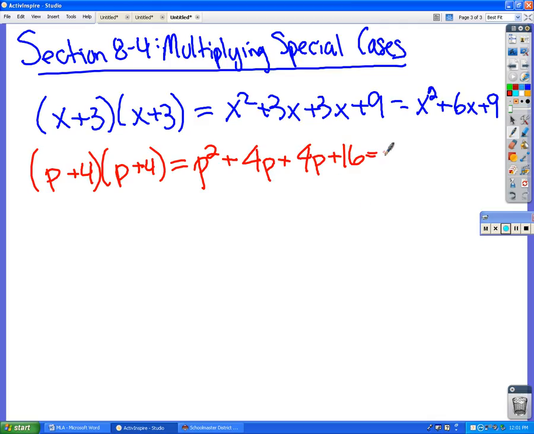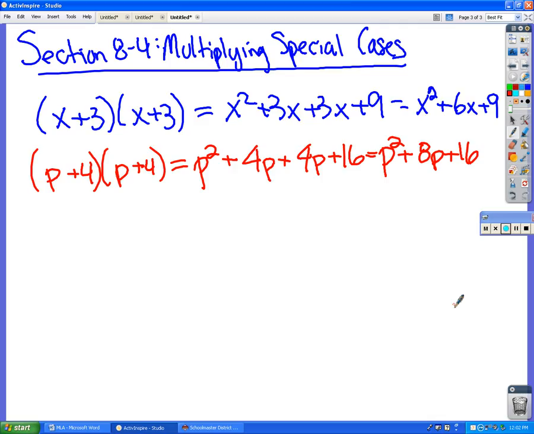So did you catch that? A little bit more quickly here because we're starting to learn this. First times first gives me p squared. Outside 4p. Inside 4p. 4 times 4, 16. So when I combine my like terms, I get p squared plus 8p plus 16.